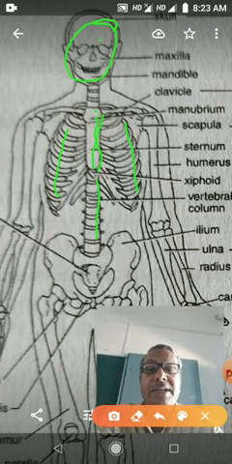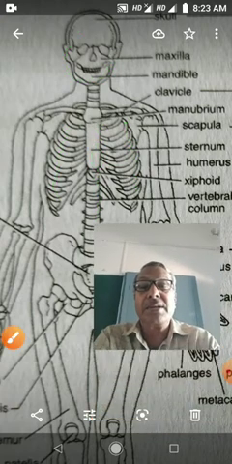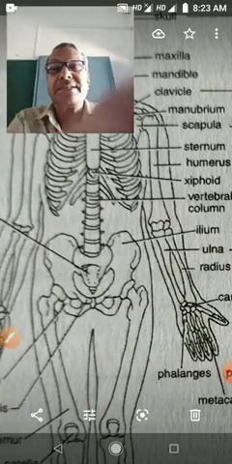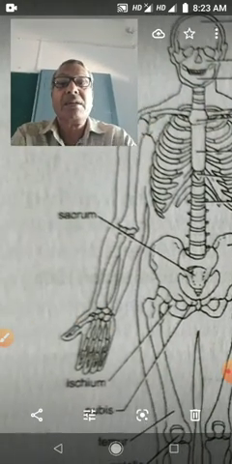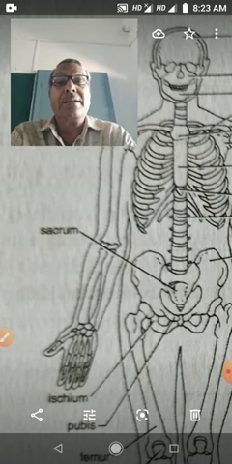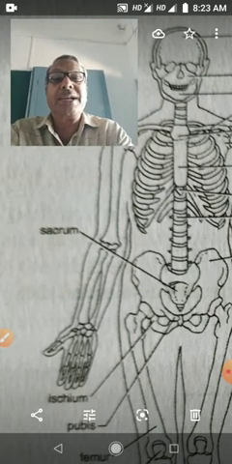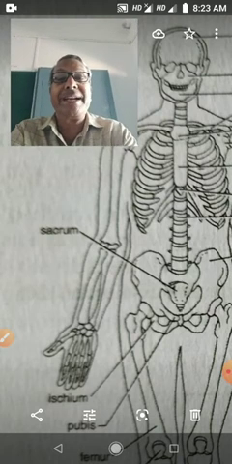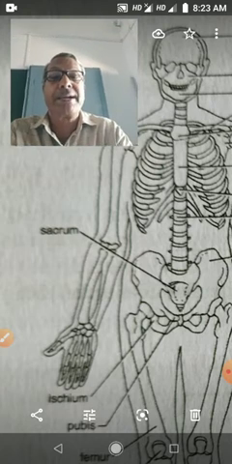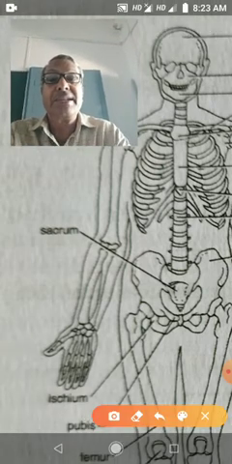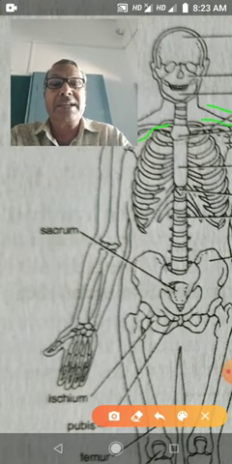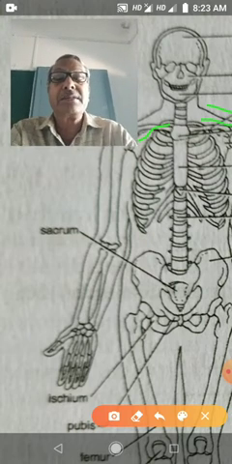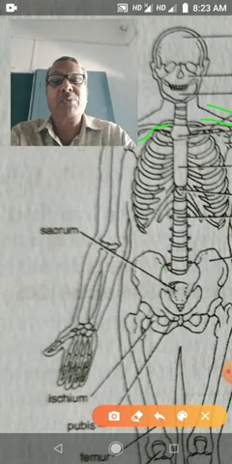Now next you see the appendicular skeleton. In the appendicular skeleton there are girdles. The two girdles are: one is the pectoral girdle, also known as the shoulder girdle. So the pectoral girdle is present here. The other is the hip girdle or pelvic girdle.